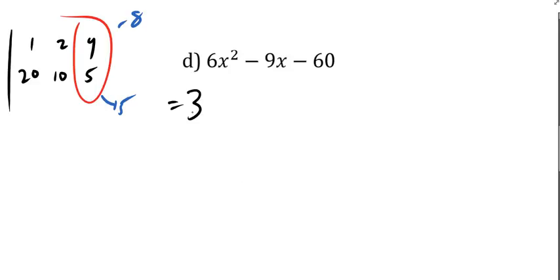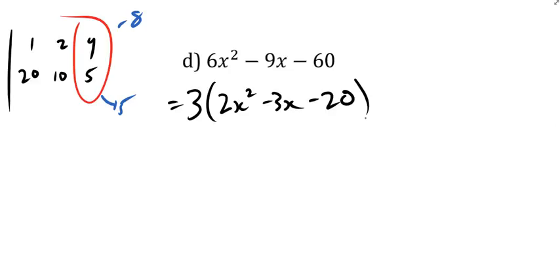So let's do that. 6 divided by 3 is 2x squared. 9x divided by 3 is minus 3x. Negative 60 divided by 3 is minus 20. But look, still complex. There's no rule that when you common factor you end up with a simple trinomial. Sometimes you do, sometimes you don't. I'm pretty sure the practice today, they're all complex trinomials one way or another, because that's really what you're practicing. But some of them have a common factor anyway.